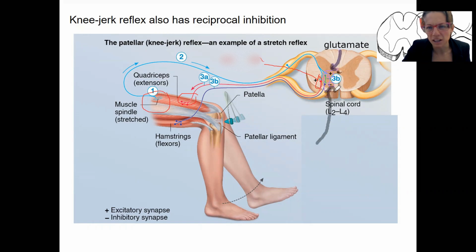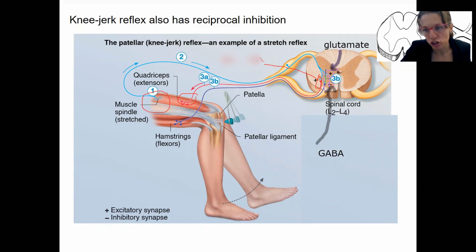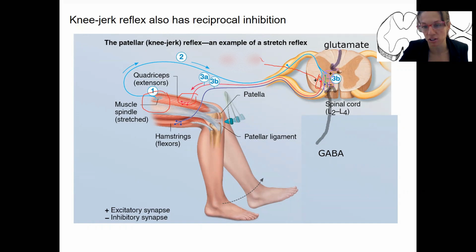What might this green neuron release? It might release GABA. GABA is an inhibitory neurotransmitter. If you've got a GABAergic or inhibitory interneuron in here, the more that interneuron is stimulated, the more it's going to inhibit the neuron it's talking to.